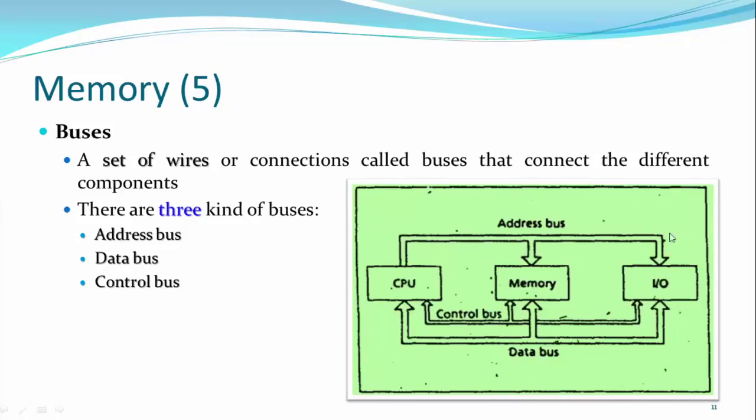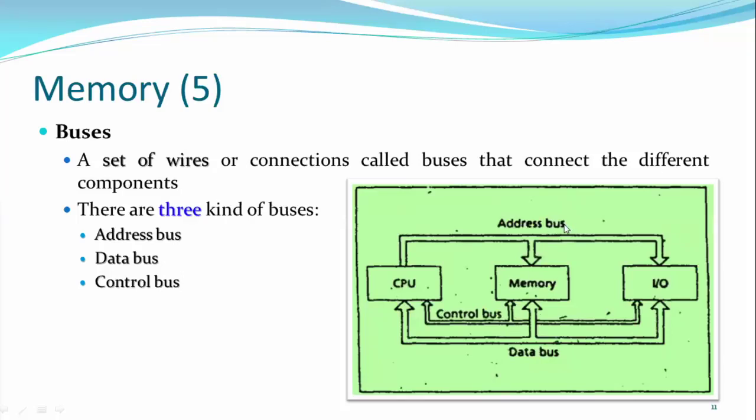As we know, a computer system has three major components: CPU, memory and I/O. All three are interconnected with the system bus, that means with the address bus, data bus and control bus.